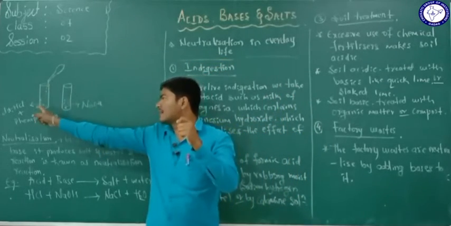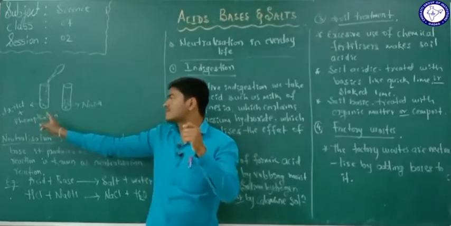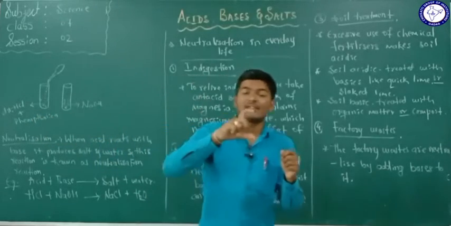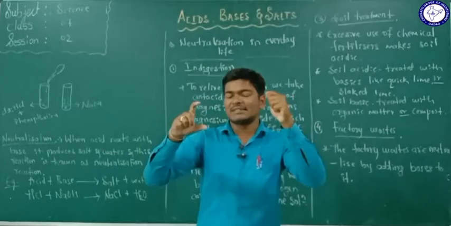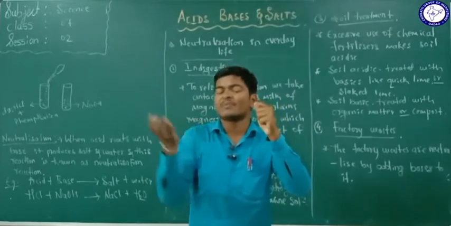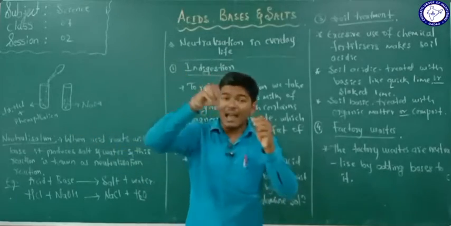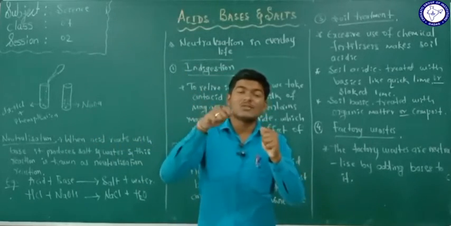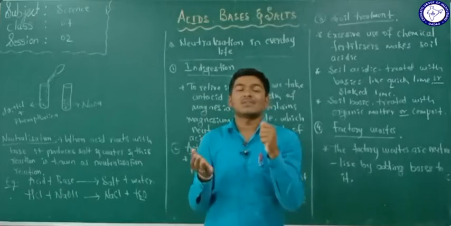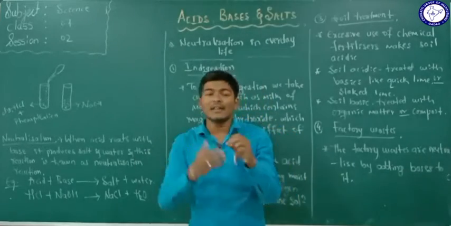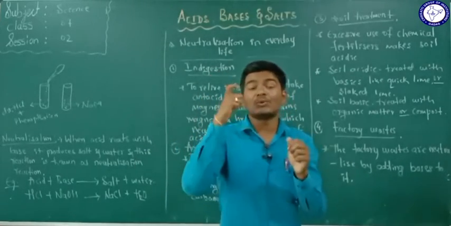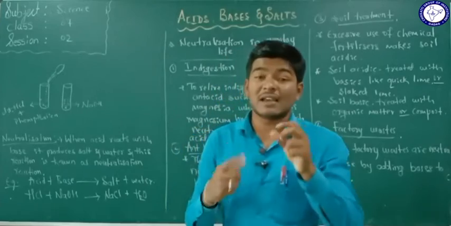There is no change in the color. Now again take 1 drop of the sodium hydroxide solution, add it to the test tube, and stir it well. Again there is no change in color. You have to continue this process until you get a change in color of the solution.